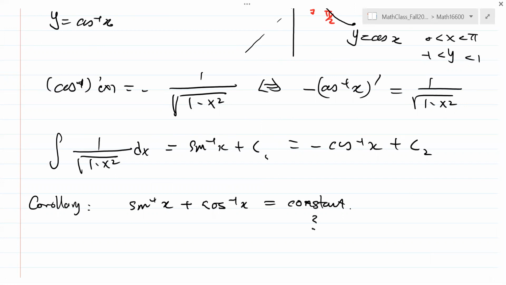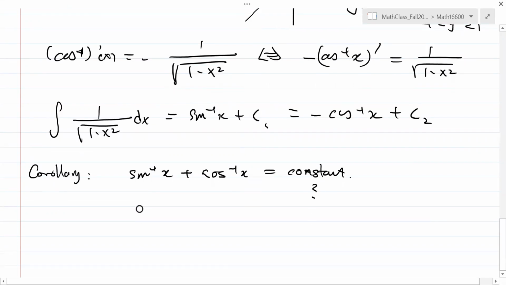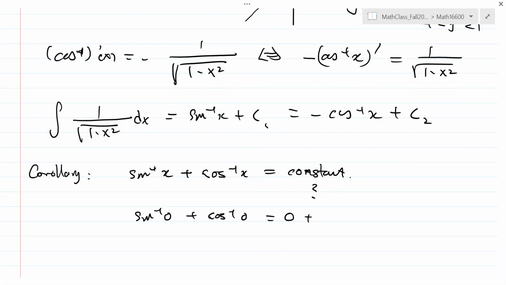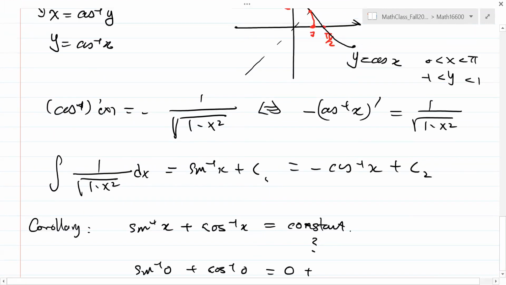What is that constant? You can choose a special value for x. So arc sine 0 is going to be 0, but arc cosine 0, if you don't know, look at the picture.